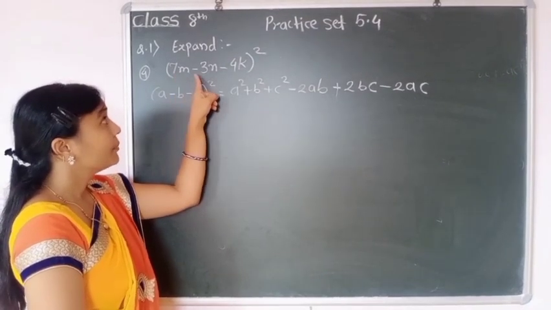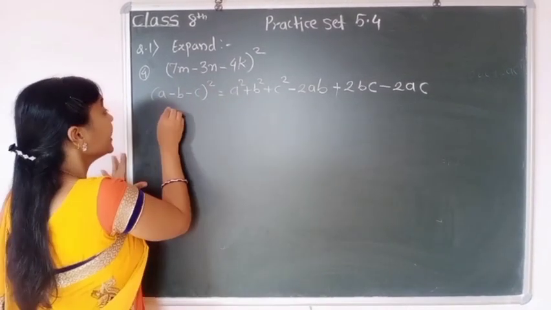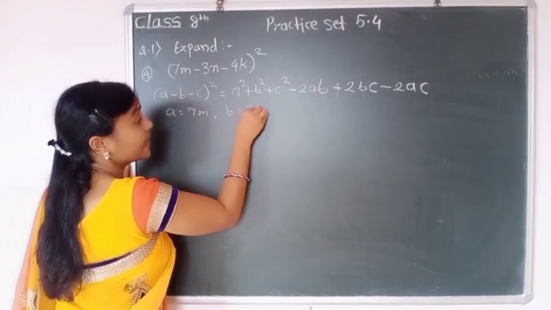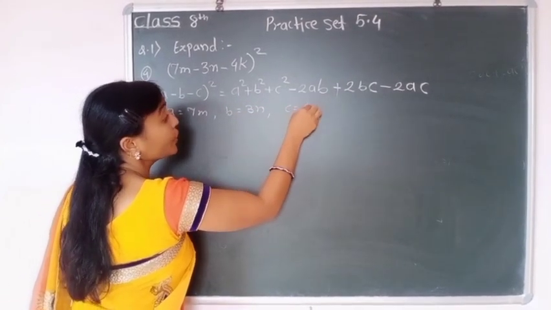So compare this formula with this: A is equal to 7m, B is equal to 3n, C is equal to 4k.